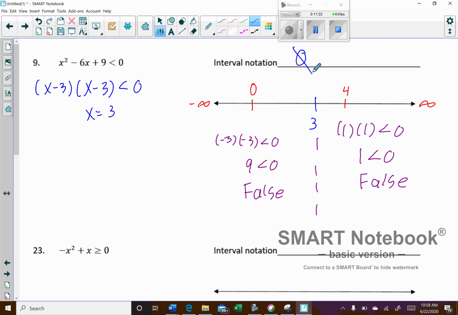There are no values that will satisfy this inequality right here. You won't run into too many of these, probably only one on the homework. It's kind of a trick question, just make sure we're thinking this out. So anyways, if you plug anything in, it does not work.